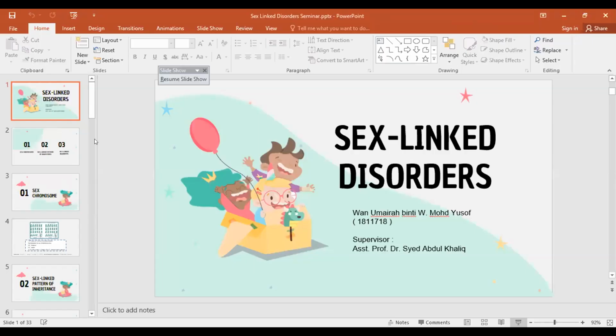Assalamualaikum. I have a question. In the picture of the apple in the slide of red-green blindness, what do you think about the type of blindness of that picture?